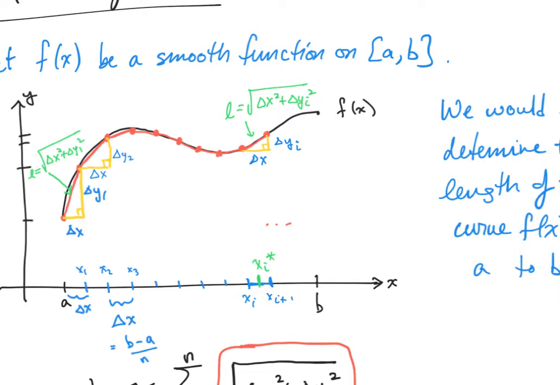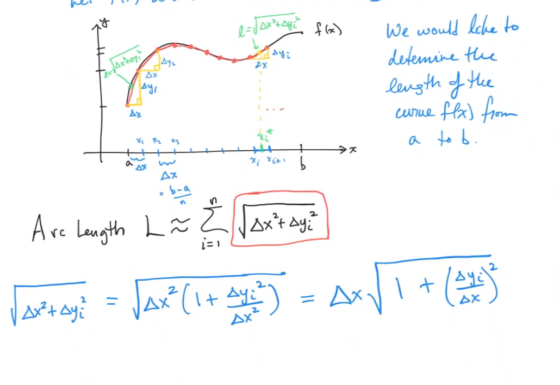So if I look up here, there's some place where the slope of the tangent line is equal to the slope of the secant line. That's called the mean value theorem for derivatives, right?